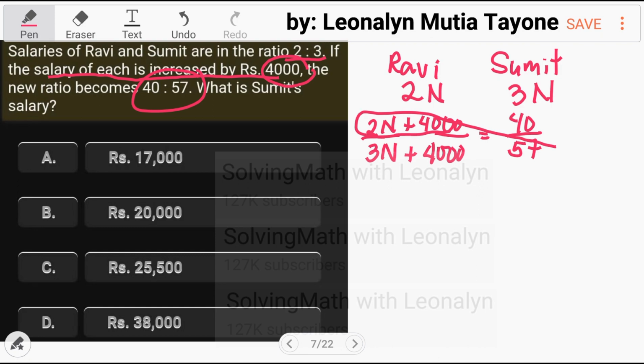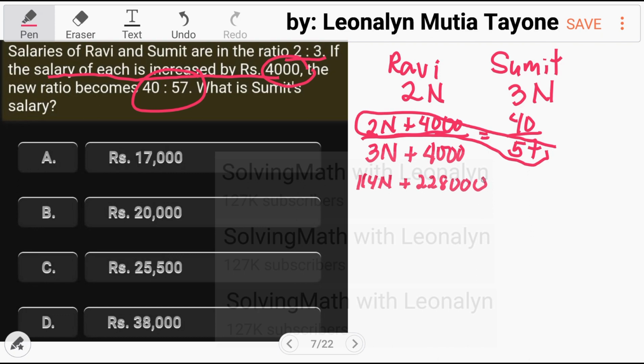So, i-multiply natin ito. 57 times 2n, and that is equals to 114n plus 57 times 4,000 or 57 times 4, and that is 228.